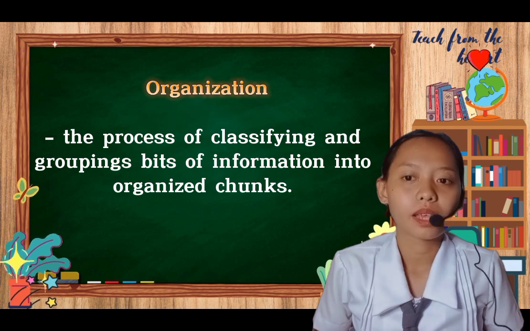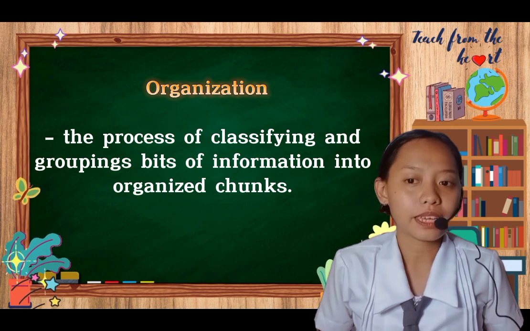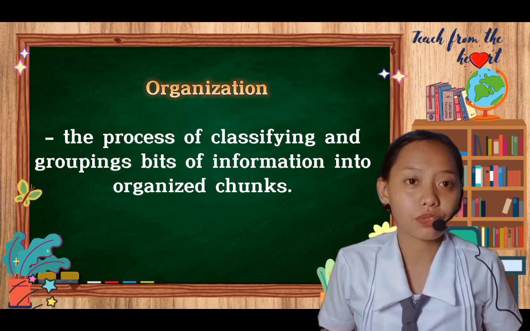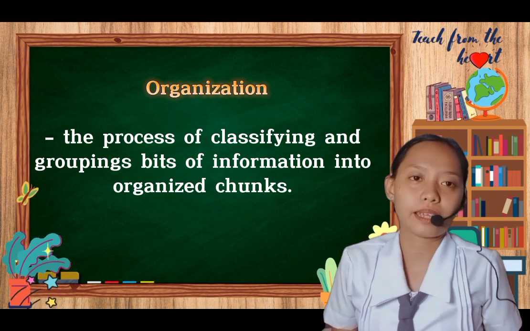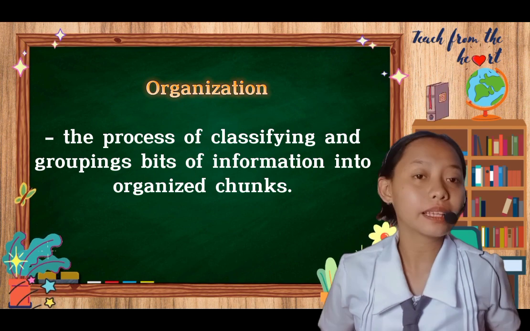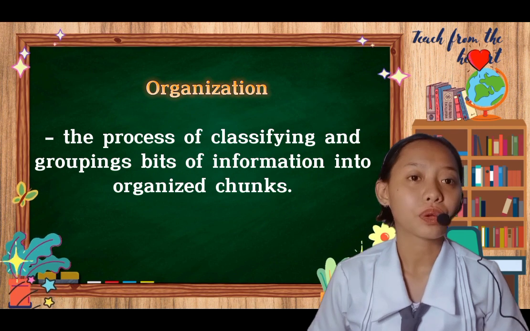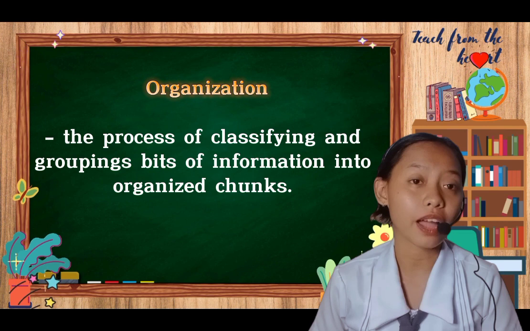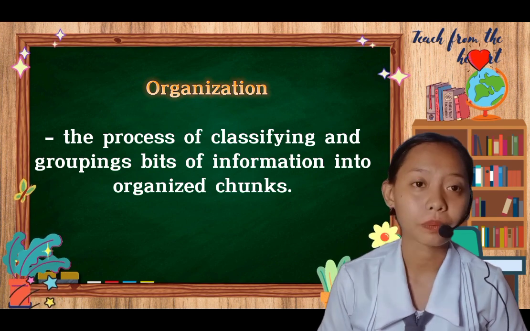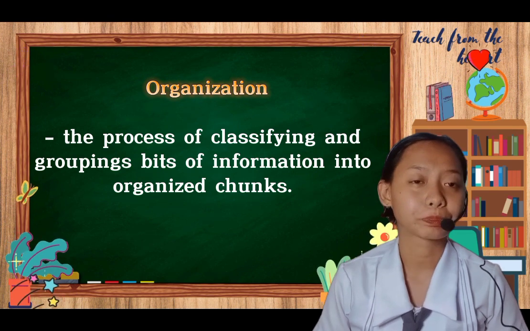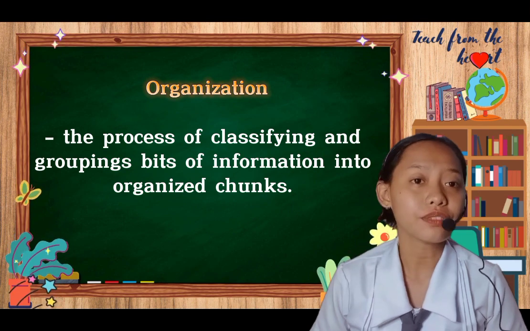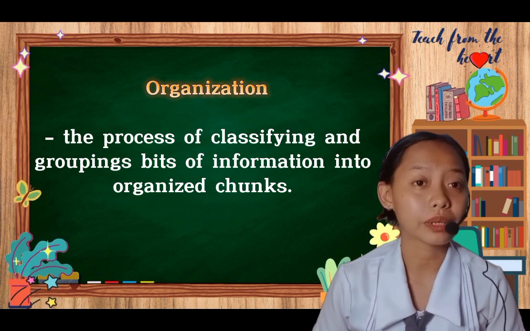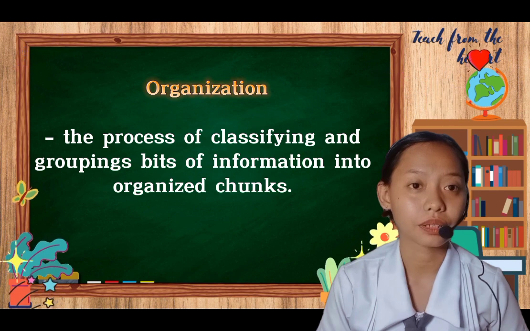Organization is the process of classifying and grouping bytes of information into organized chunks. So, it is the process of organizing the information through classifying and grouping. For example, classifying and grouping numbers and letters.